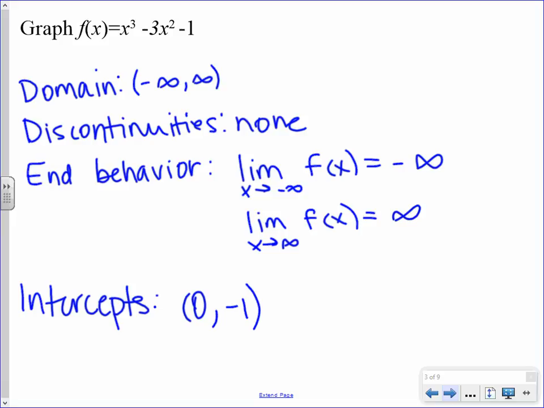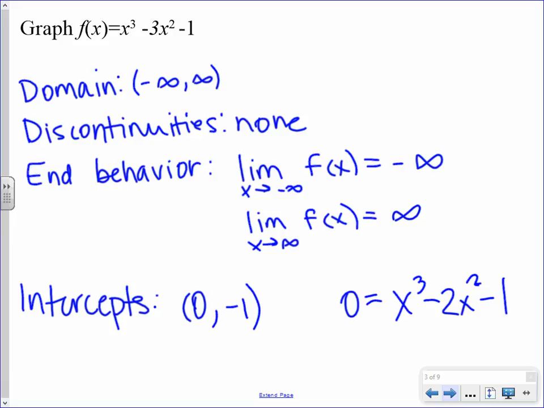Now, if we try to plug 0 in for y, is this something that we can factor? It is not something that we can factor. Okay? If you have a polynomial that doesn't factor, it's okay not to find the x-intercepts. Okay?